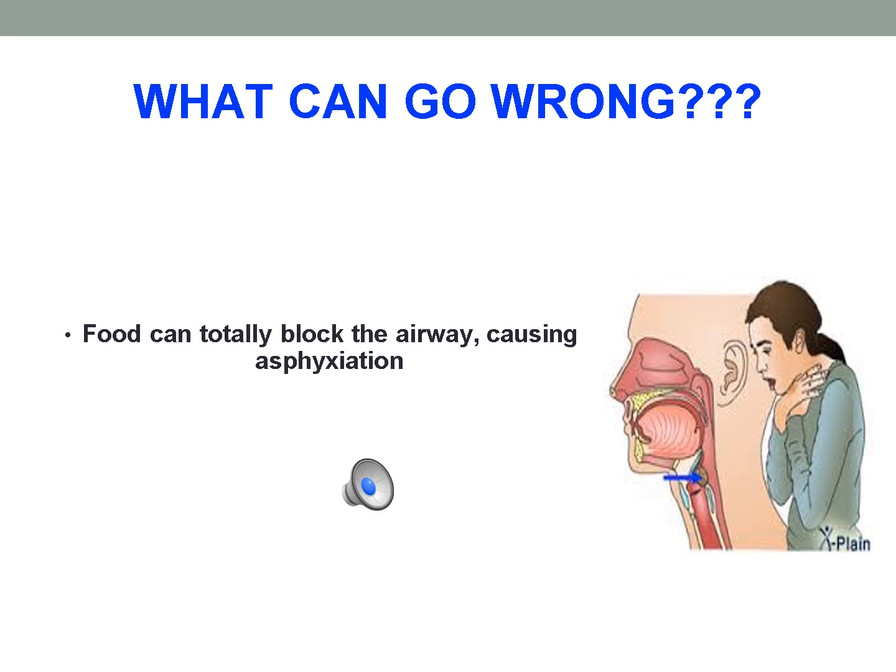Okay, we're going to talk about some things that can go wrong during meals and snacks. Number one, food can totally block the airway. That trachea that we were talking about, the windpipe, it's about the size of a pencil, and the esophagus backs up to it. Those pipes are side by side.